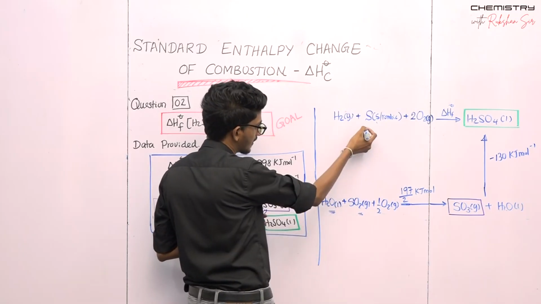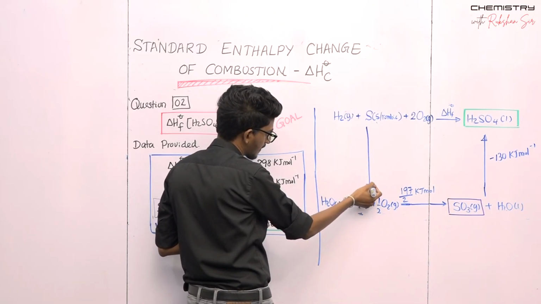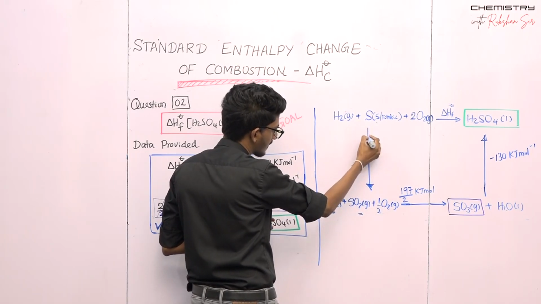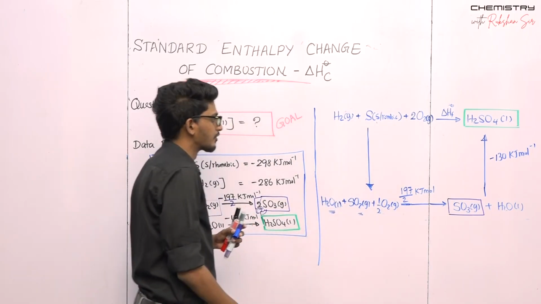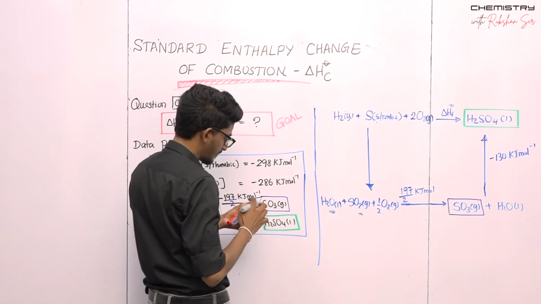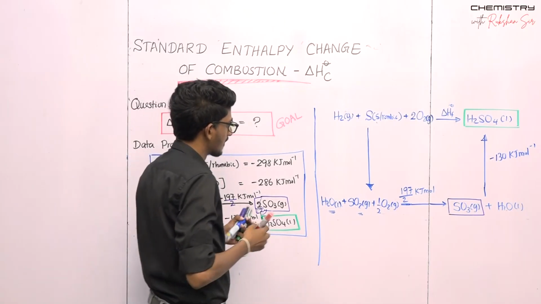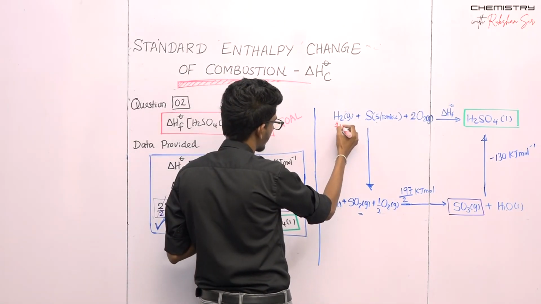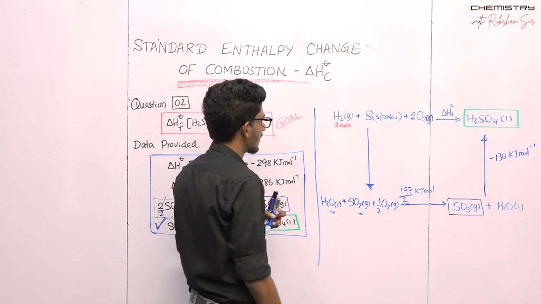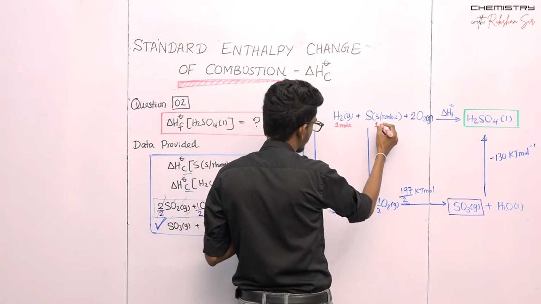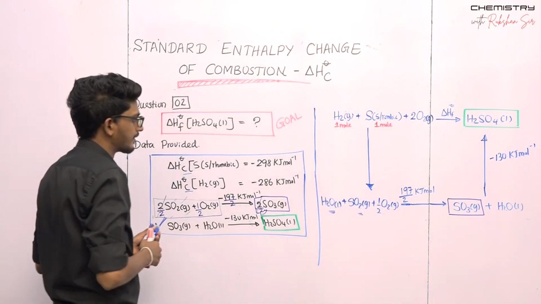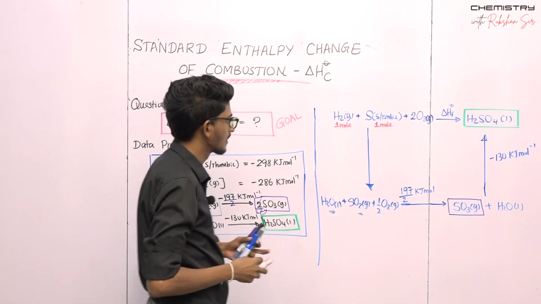So this is all about the combustion of H2 gas and the sulfur solid rhombic, right? So here we need to combust just 1 mole of H2 gas and 1 mole of sulfur solid rhombic, right? Okay.